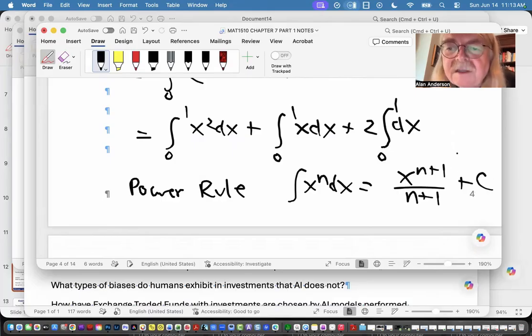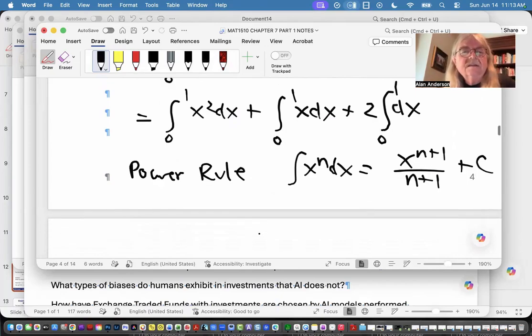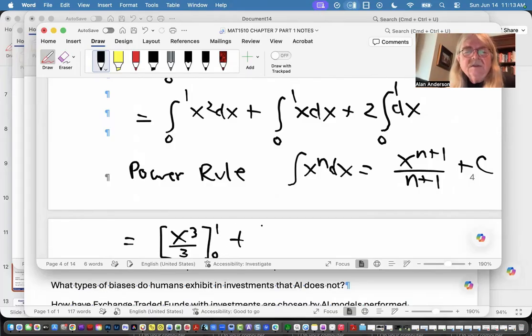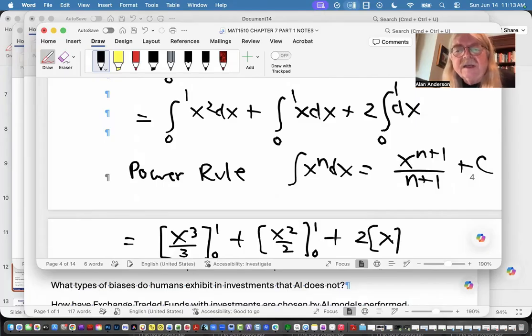And we don't need the c because what we're doing is a definite integral. So we'll have x cubed over 3 evaluated between 0 and 1 plus x squared over 2, again evaluated between 0 and 1. And then here we simply have 2x evaluated from 0 to 1.